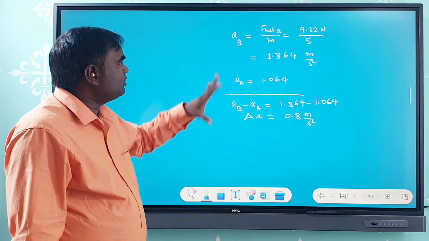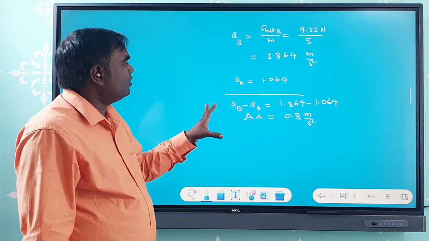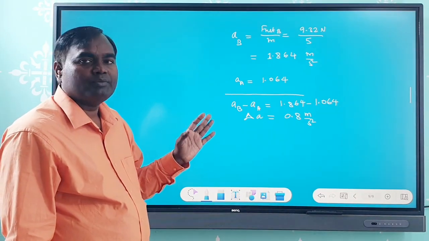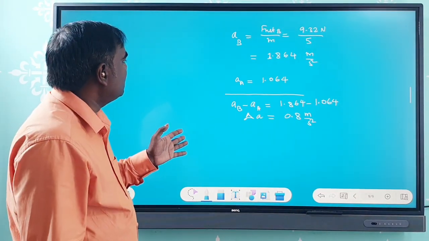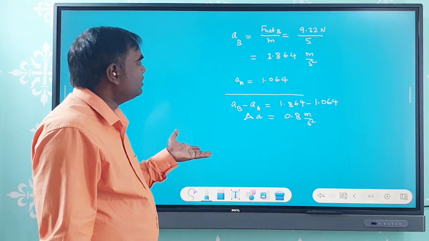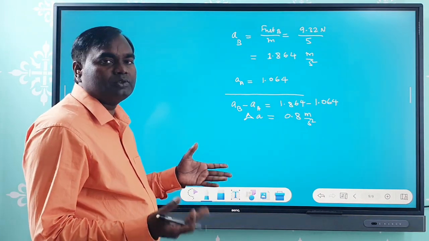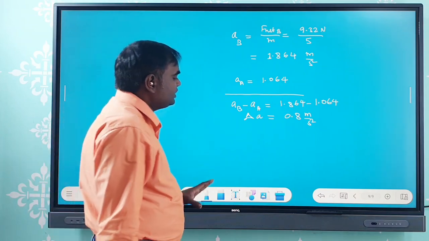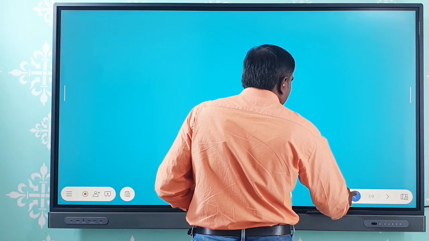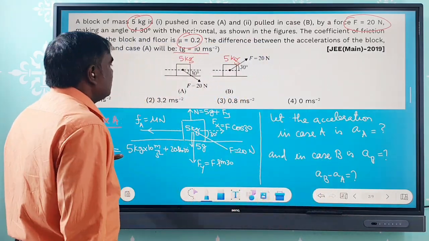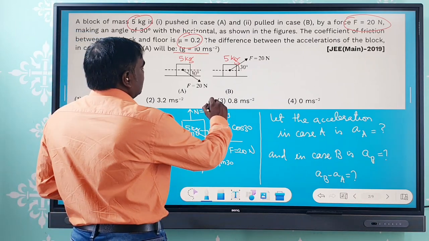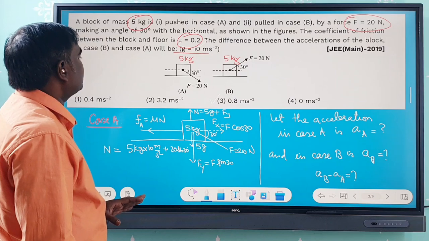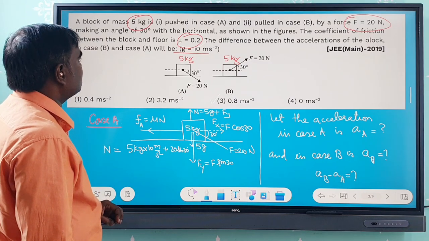If you do practice, you can solve this whole process in very less time, maybe in less than 1 minute or probably 1 minute, because I am explaining the things, so this is taking time. So this is the difference in acceleration. So our answer is this. Option number 3 is correct, 0.8 meter per second square.